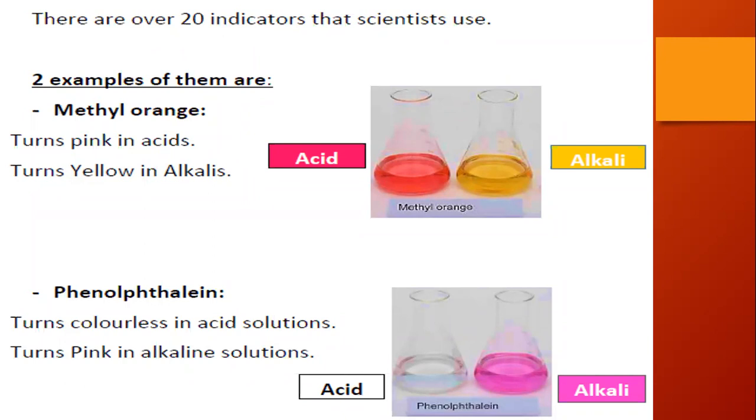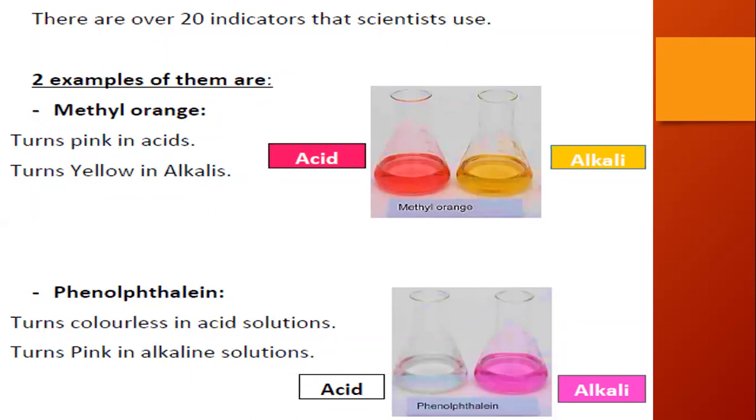Two of the main chemicals that we use are methyl orange, and from its name, what do you think its original color is? Orange. Its original color is orange.